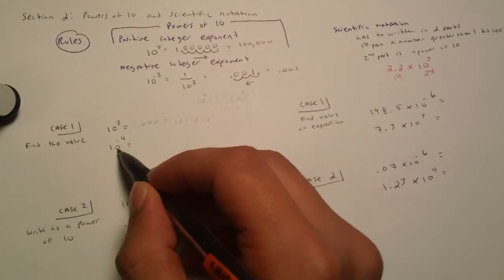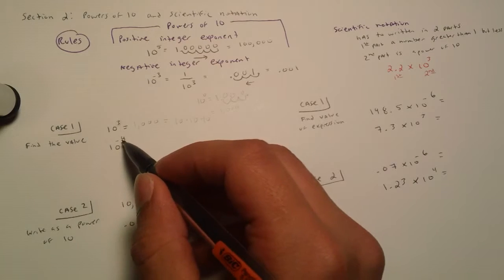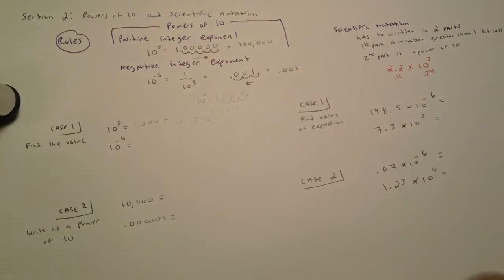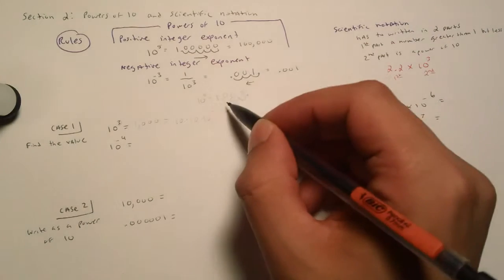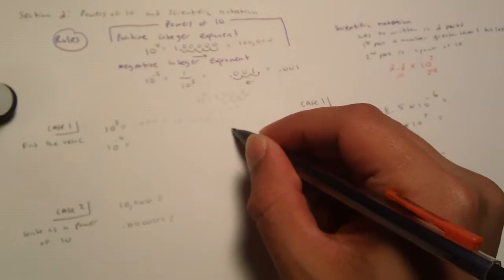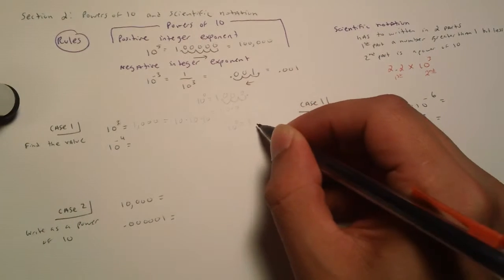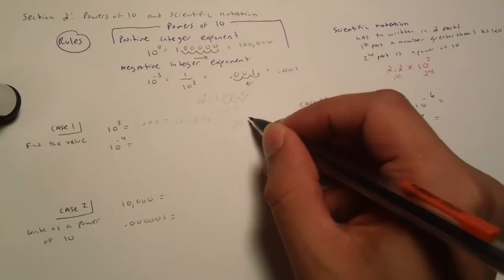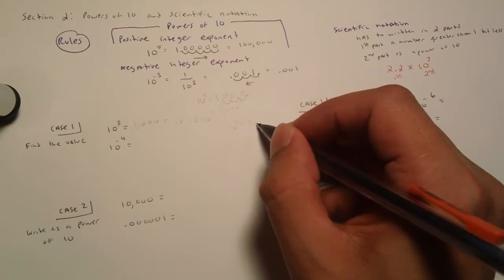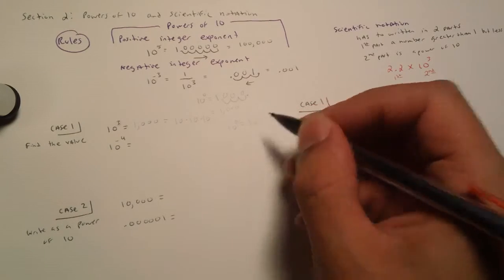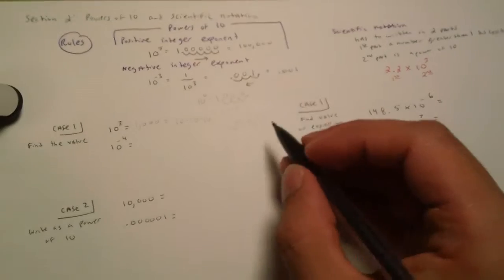Now when we're dealing with the left side or a negative exponent, then you're going to see that the decimal moves over from the right side. 10 to the 0 is equal to 1. Notice that the decimal spot is on the right side of the 1, and now when we're going negative, we have to go to the left side.